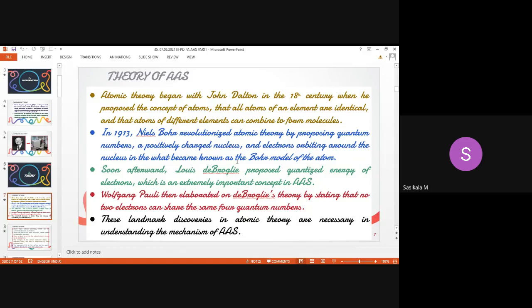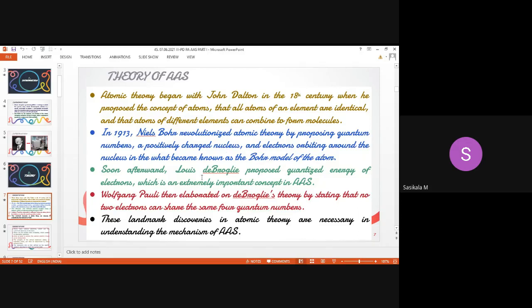What are the contents of the nucleus? Protons and neutrons. Since protons are present, the nucleus gets a positive charge. Around the nucleus, in different shells of the atom, you could find electrons orbiting around the nucleus. Electrons are negatively charged. This was said by Niels Bohr in 1913, and that is called the Bohr model of the atom. So an atom consists of a nucleus and electrons orbiting around the nucleus.